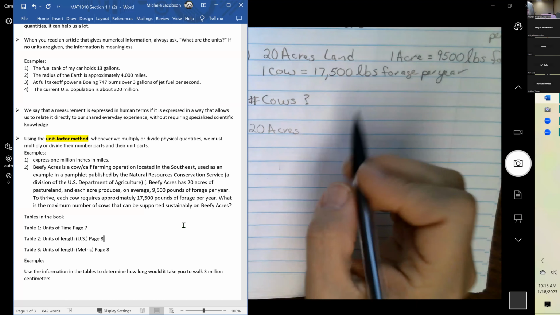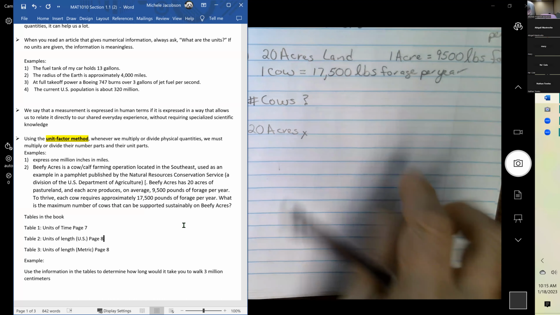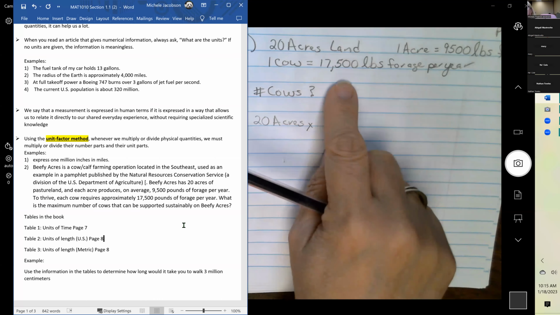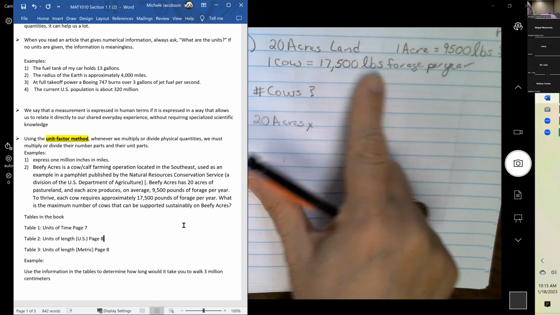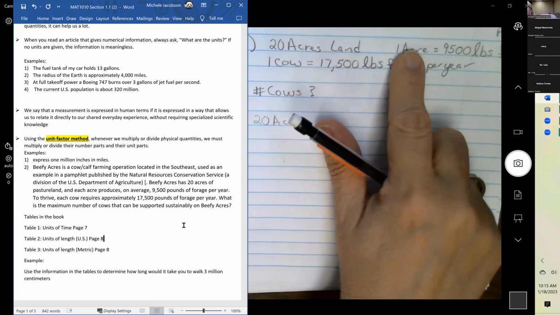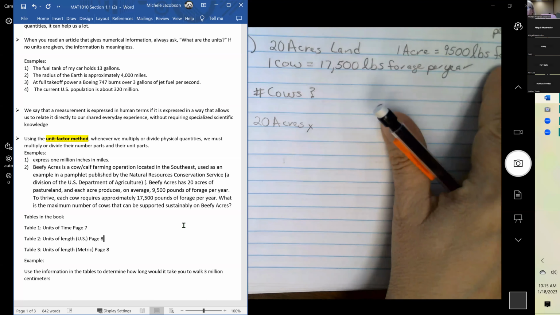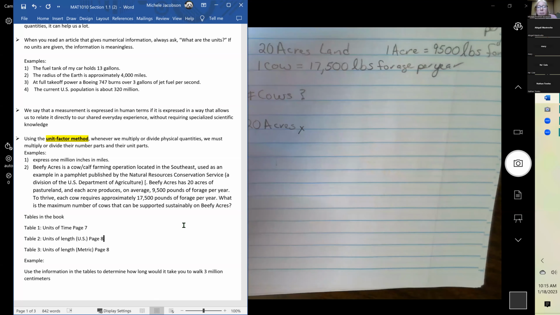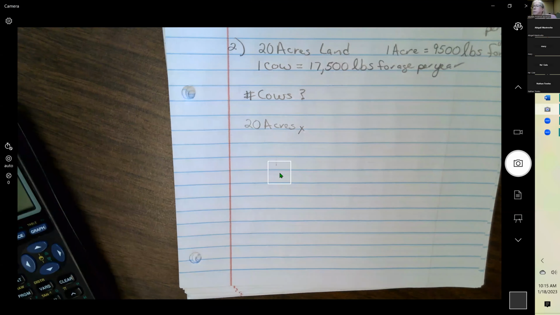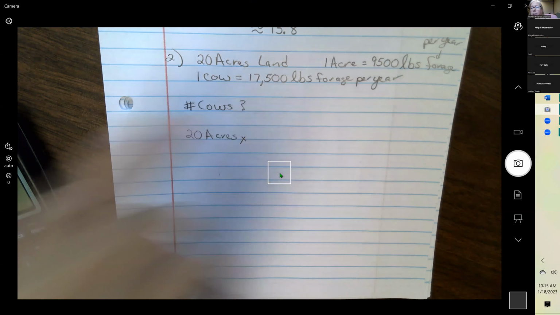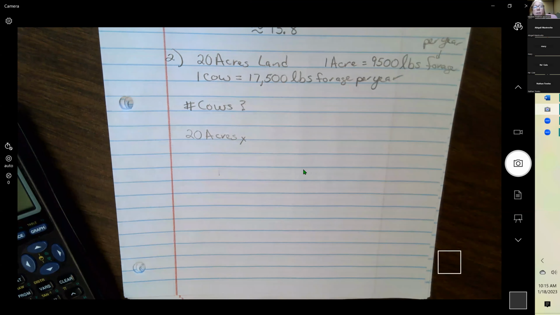Now we want to set up a proportion to get to pounds, because once we get to pounds, we can get to cows. We know 1 acre is 9,500 pounds of forage per year. I'll just click on here so we could see all of it. Think about the proportion, and then you want to think about which one would go on the top and which one would go on the bottom.